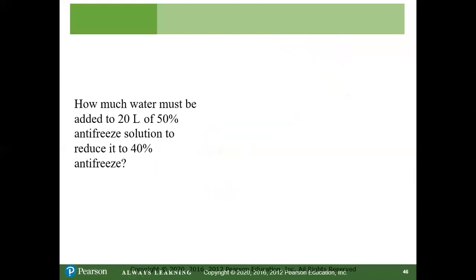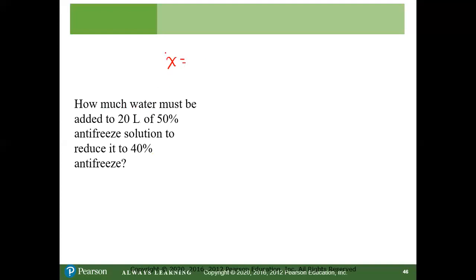All right, so let's take a look at this guy. How much water must be added to 20 liters of 50% antifreeze solution to reduce it to 40% antifreeze solution? Okay, so we are going to try to create this X amount of liters.